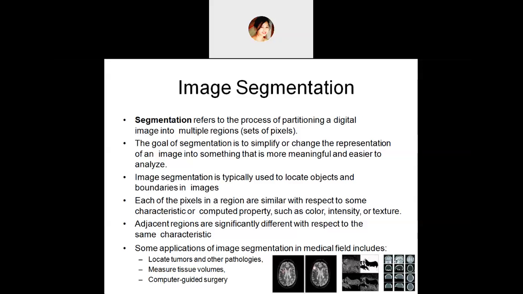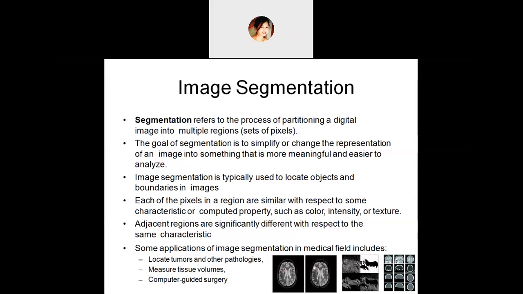So that is texture. Suppose we want to group the pixels according to the texture, that also constitutes one particular region. Okay, fine. So grouping of pixels according to color is one region, grouping of pixels according to intensity is one region, and again grouping of pixels according to texture is another region.